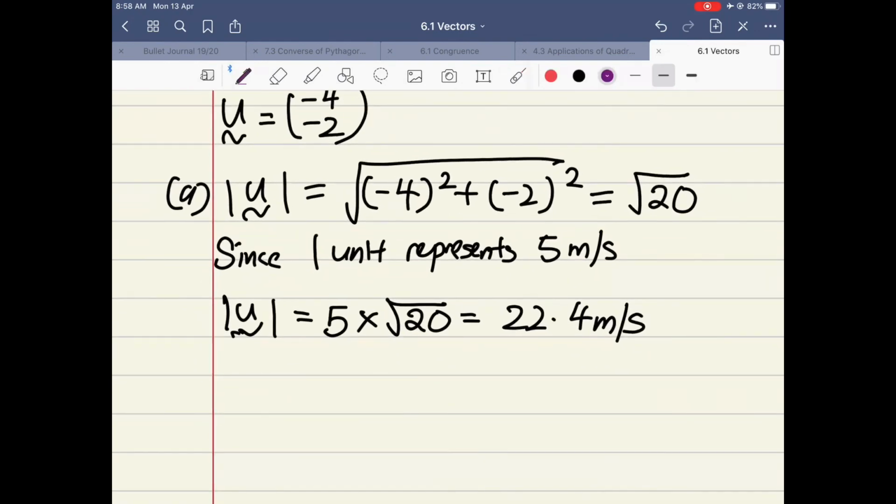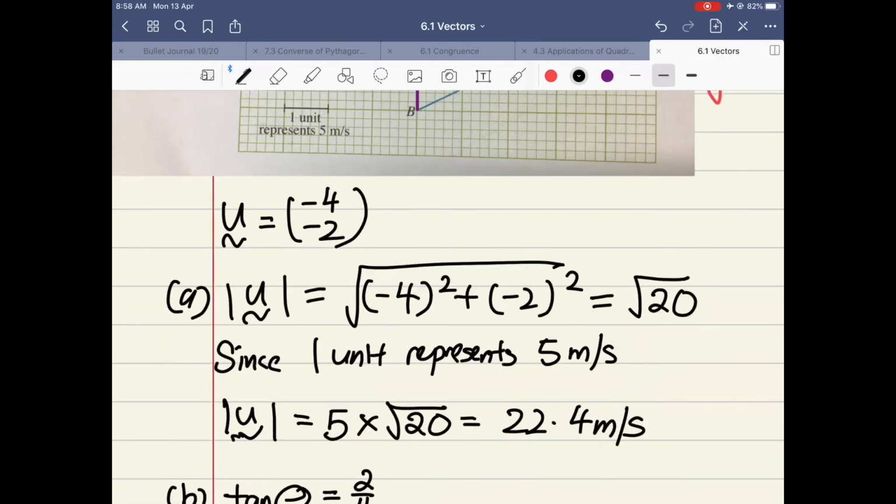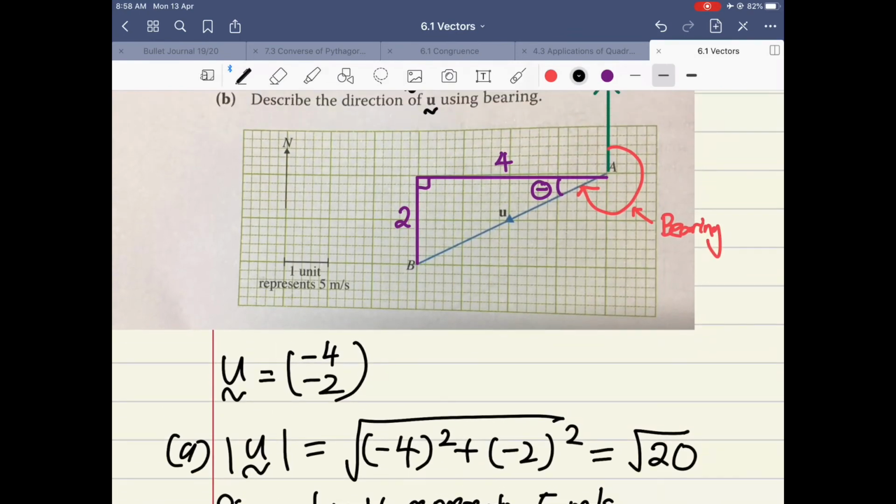So now for part B, what I'm going to do here is this. I will say tangent theta is equals to opposite over adjacent, 2 over 4. I take the inverse tangent of 2 over 4, I find that is 26.57 degrees. Now, don't forget that this is not the bearing yet.